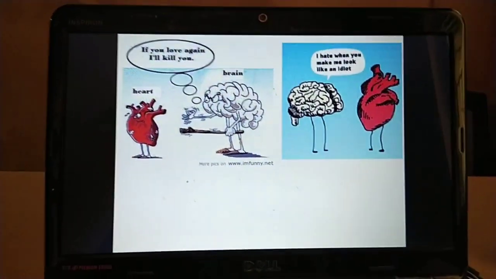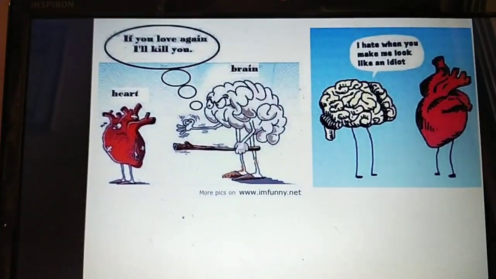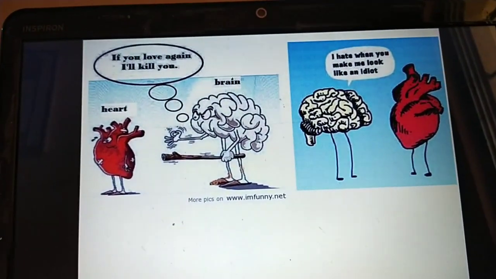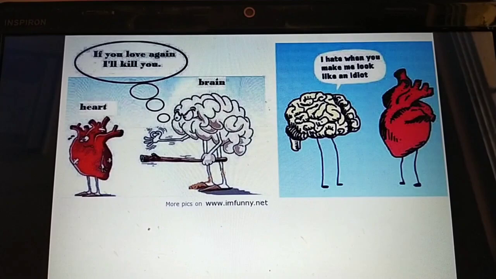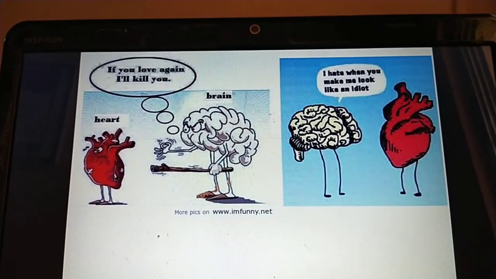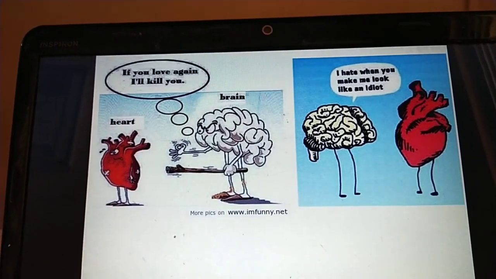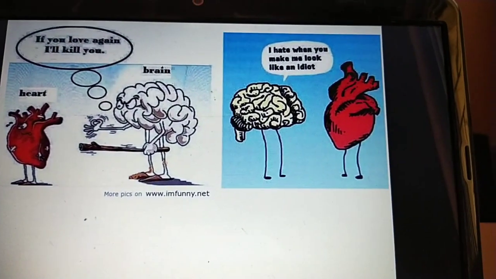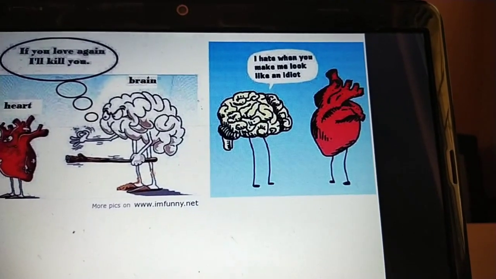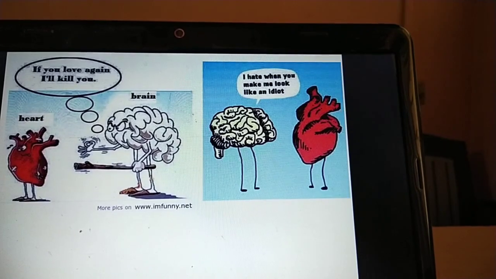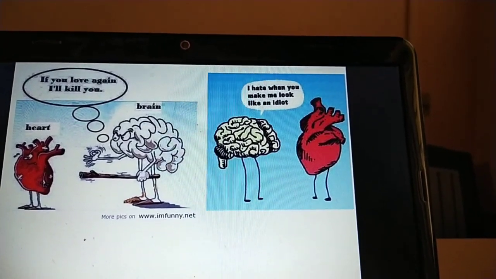Now nerve supply of the heart. Before that, what is the relation between the heart and brain? Here are some quotes. The brain says to the heart, if you love again I will kill you. The heart loves further. The brain says to the heart, I hate when you make me look like an idiot.